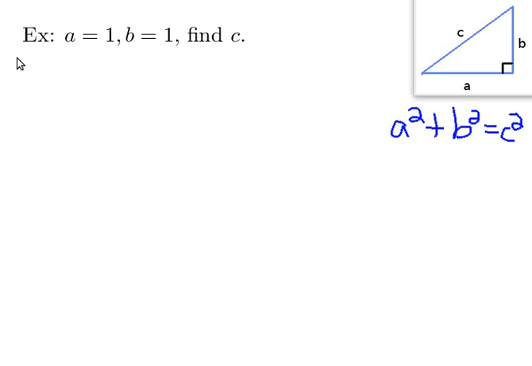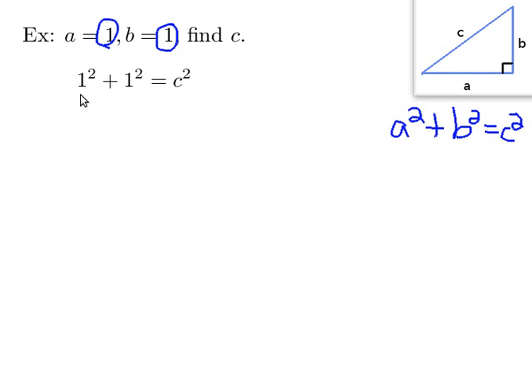So we have that A is equal to 1, so we have 1 squared. B is equal to 1, so we have plus 1 squared. And C is unknown. We don't know what C is yet, so it is equal to C squared.